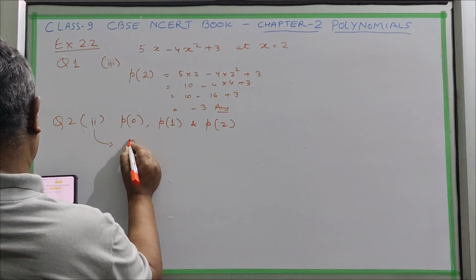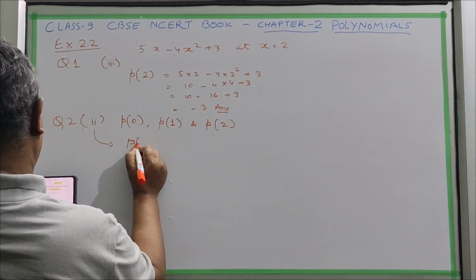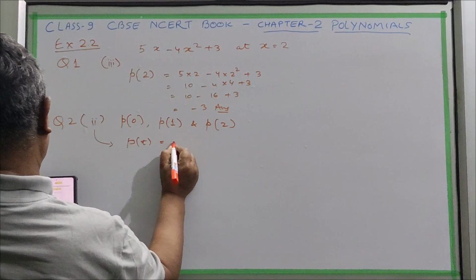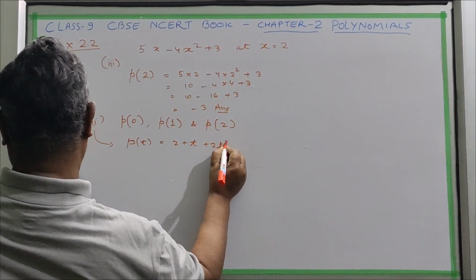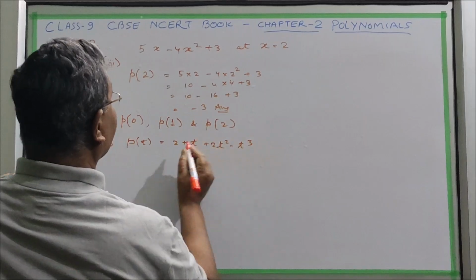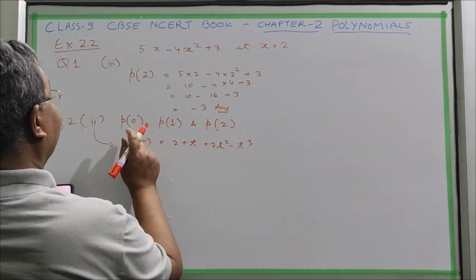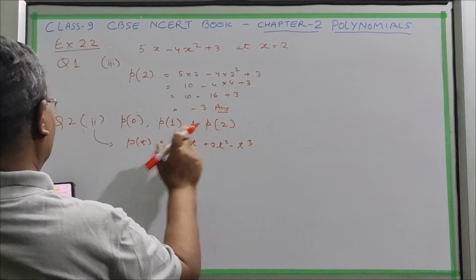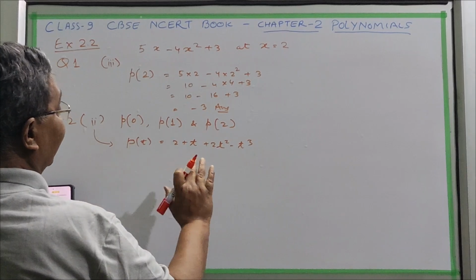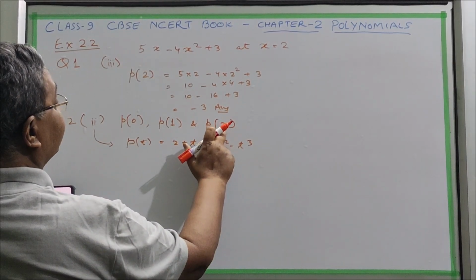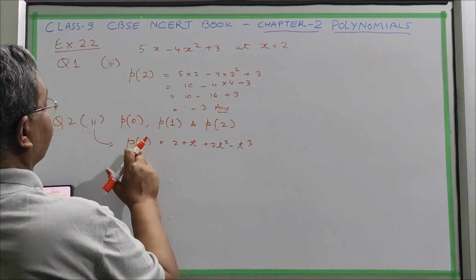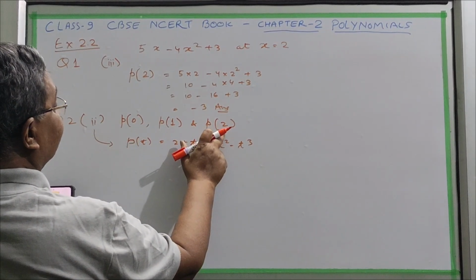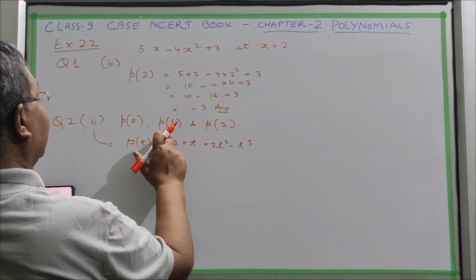In the question, p(t) = 2 + t + 2t^2 - t^3. We can take any one, P(0), P(1), P(2). The solving method is the same. Only thing, if 2 is there, you write 2; if 1 is here, you write 1; if 0 is there, you write 0. Suppose we are taking P(1).